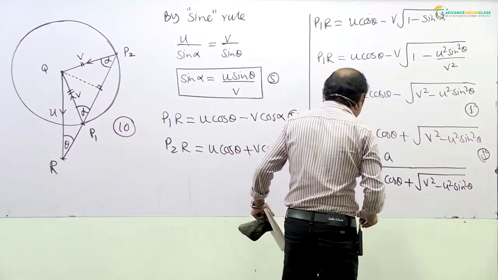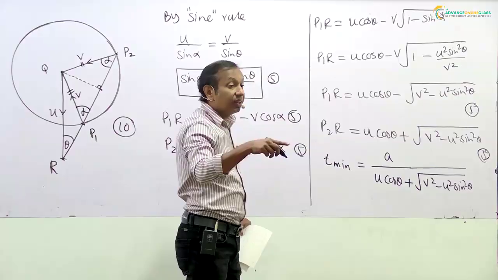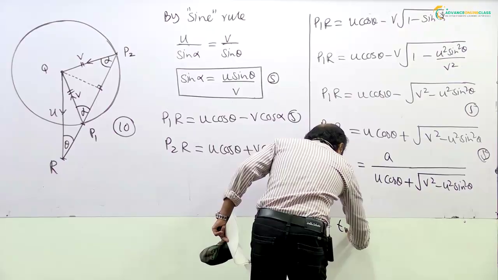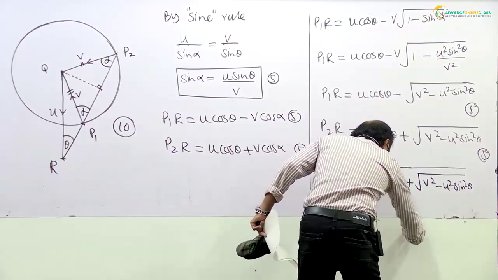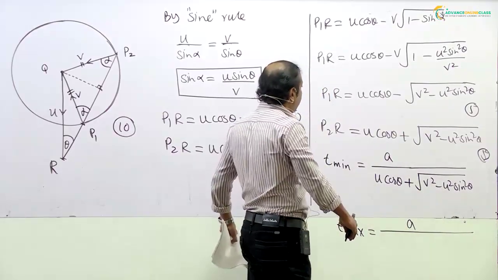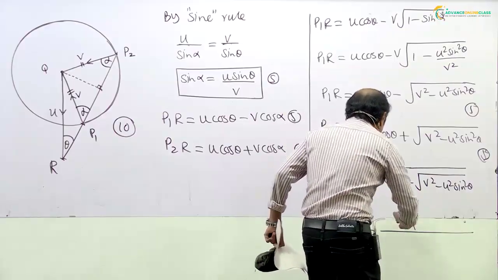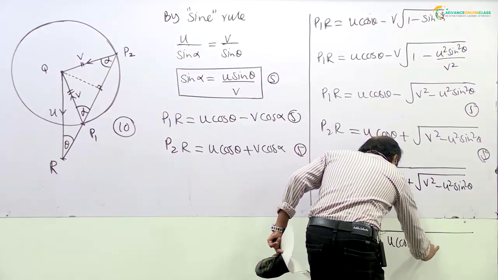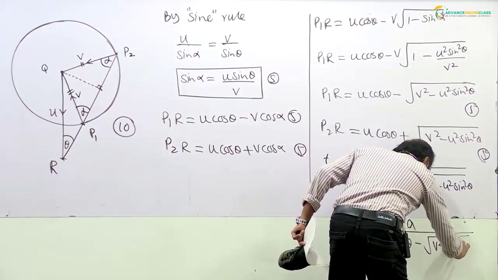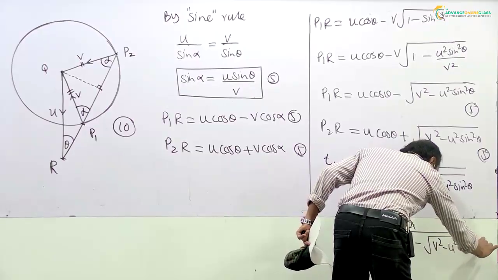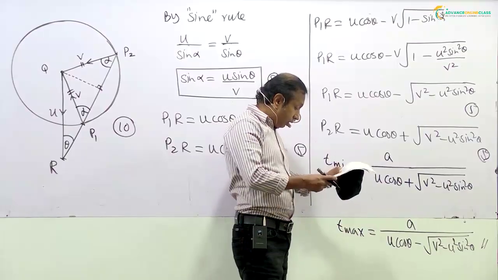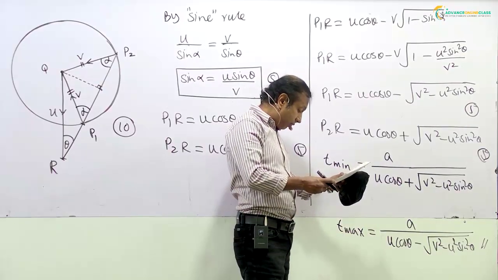T max: maximum time he takes when he uses minimum velocity. T max is A divided by the minimum velocity, which is u cos theta minus square root of v squared minus u squared sine squared theta. They're the times. Okay. For the times, another 10 marks given.